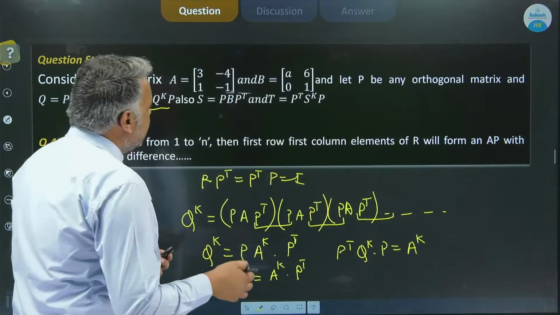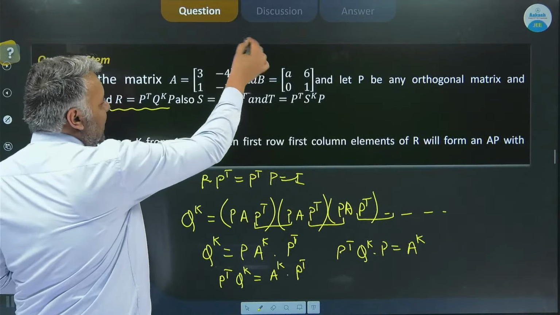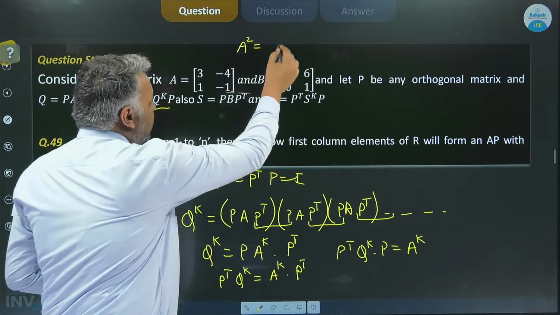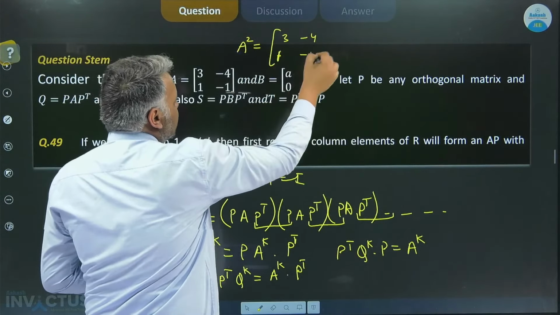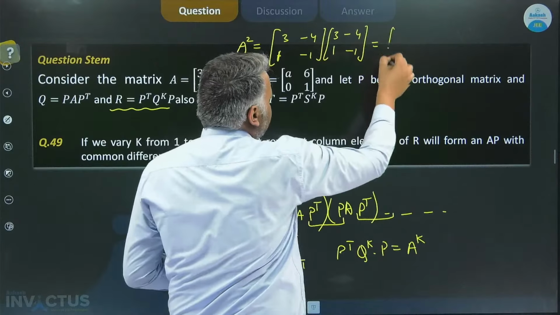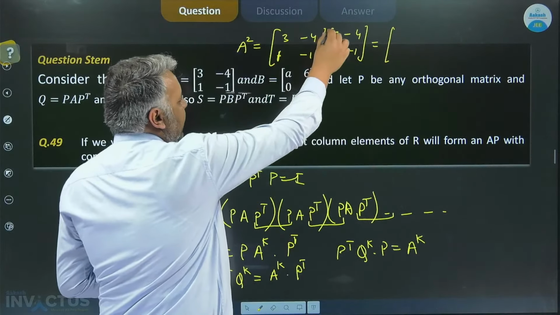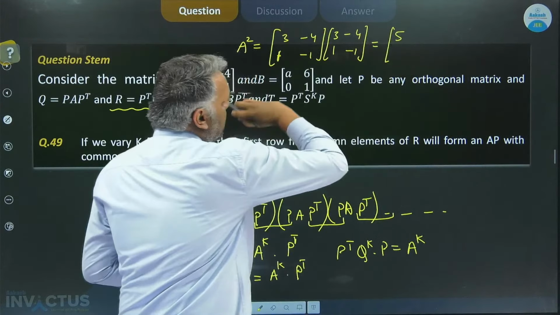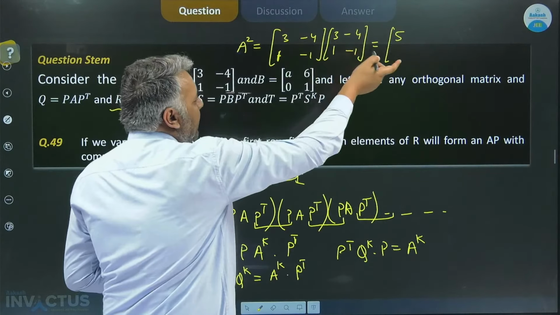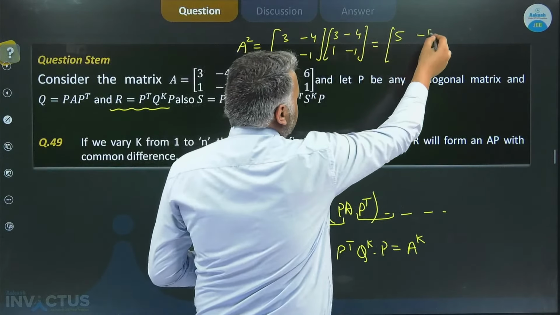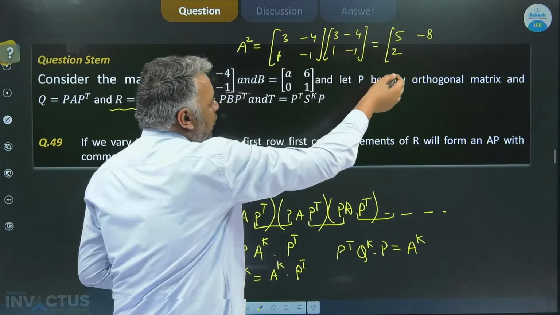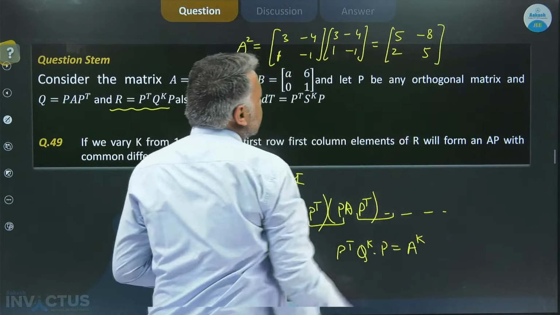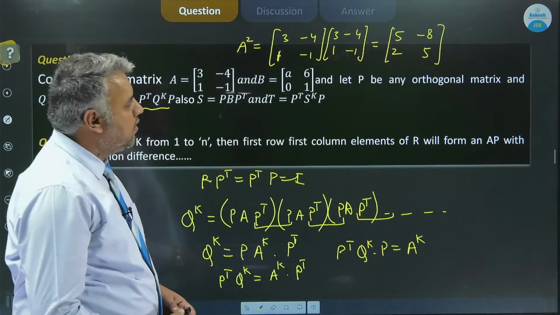So A is given. Let's calculate A square. So A square will be 3, minus 4, 1, minus 1 into 3, minus 4, 1, minus 1. We can easily calculate this product. So 9 minus 4, 5. Then minus 12 plus 4, minus 8. And again 3 minus 1, 2. And 4 plus 1, 5. We are getting this A square.